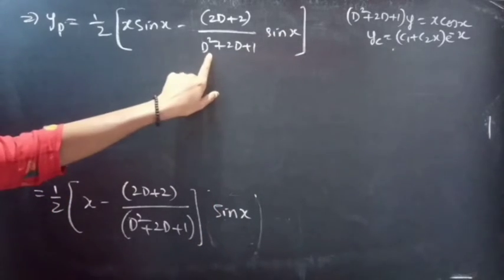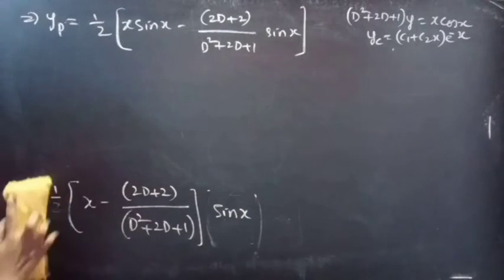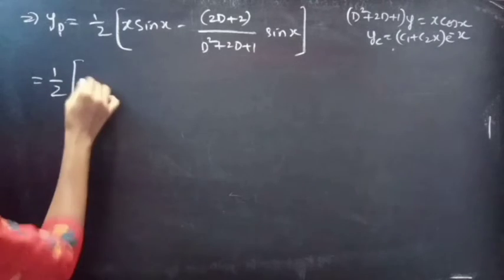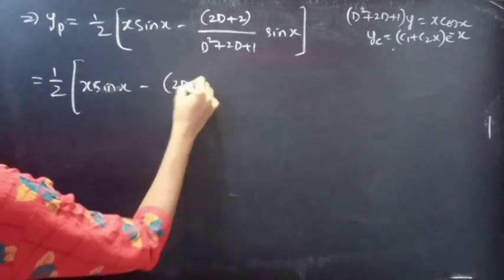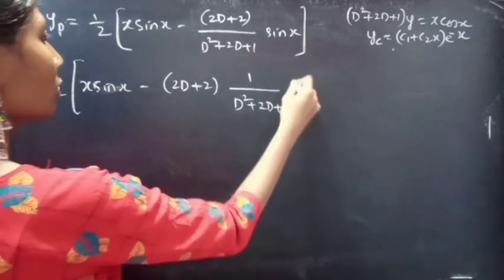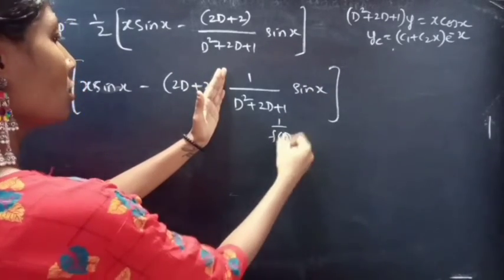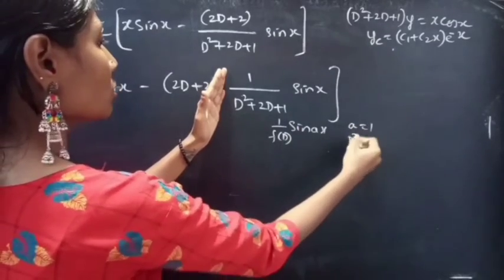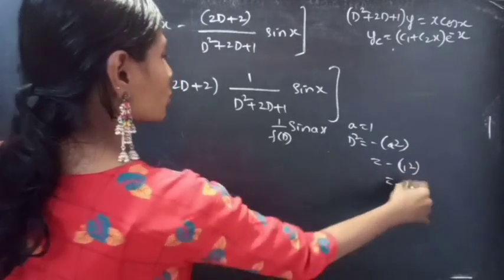See, again D² appears in the denominator and we can write this as 1/2 into x sin x minus (2D plus 2) into 1/(D² plus 2D plus 1) into sin x, right? See, this is of the 1/f(D) into sin x form. Then a equals 1, we'll find D², which is given by minus a², which equals minus 1² equals minus 1, right?